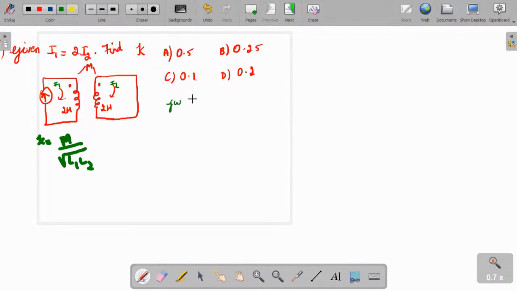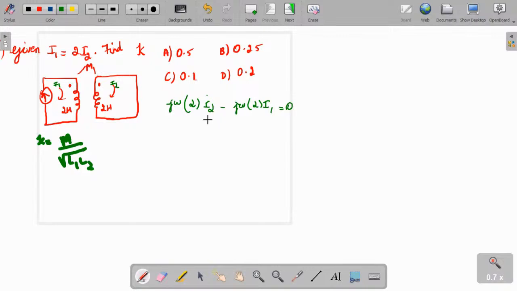So j omega into 2 into I2 minus I1, right? So into I2 minus j omega into again 2 Henry into I1. This is equal to 0. Correct?